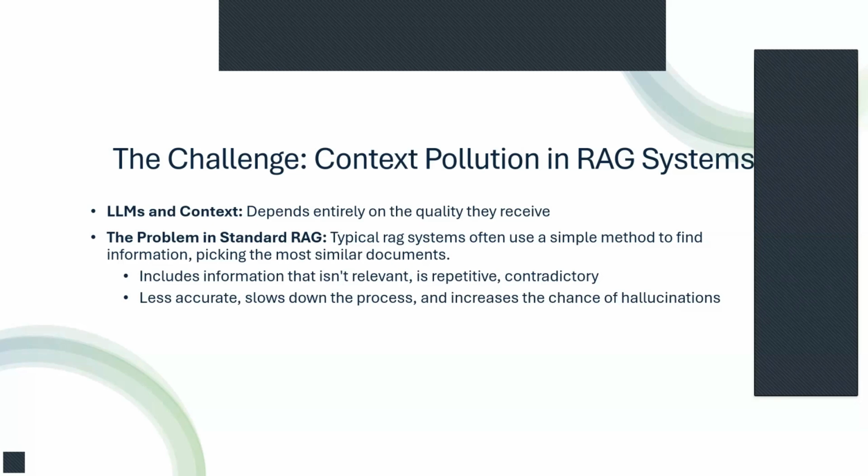The problem in standard RAG is they often use a simple method to find information, picking the most similar documents. And this likely includes information that isn't relevant, can be repetitive and contradictory, and can be less accurate. This could also slow down the process and increase the chances of hallucinations.